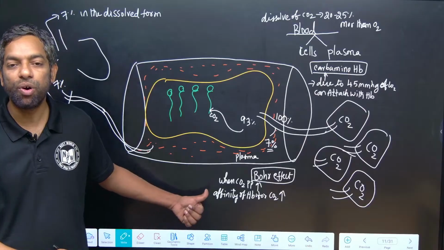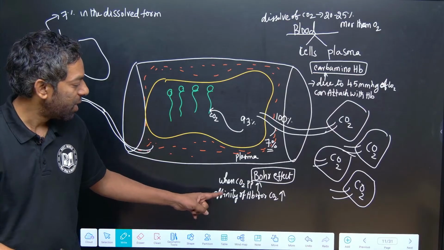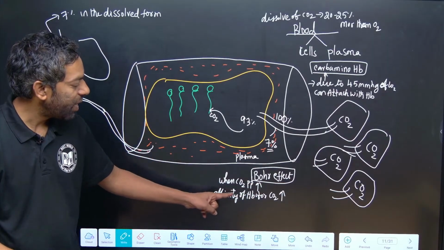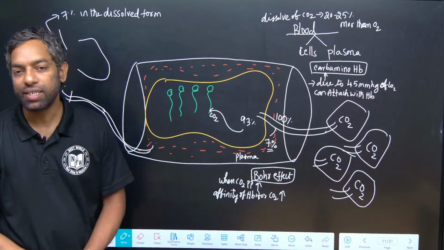This is Bohr effect. When carbon dioxide partial pressure increases, affinity of hemoglobin for CO2 increases.